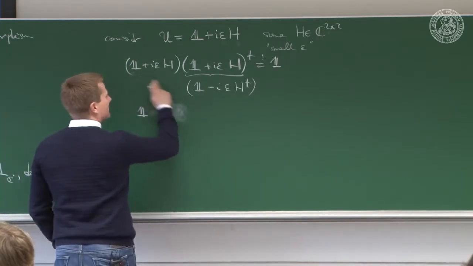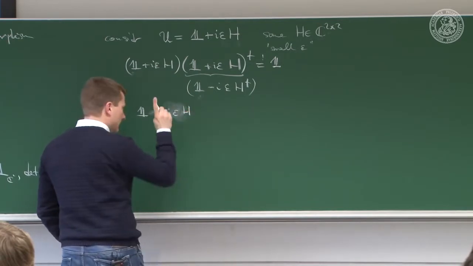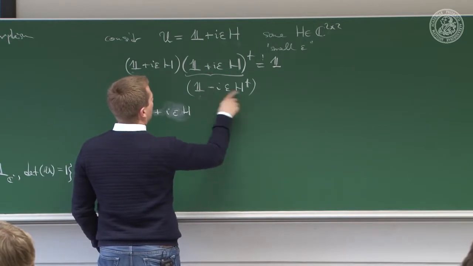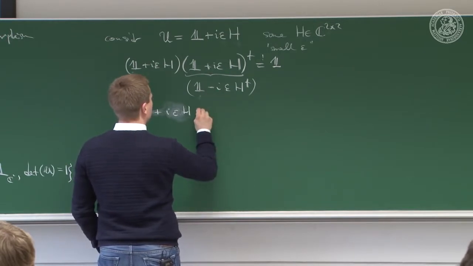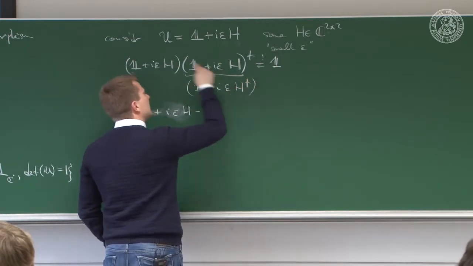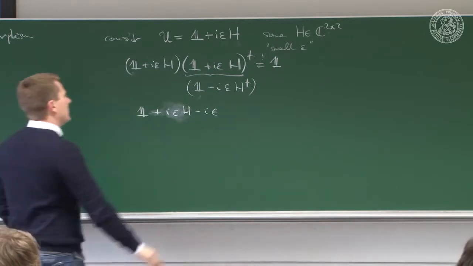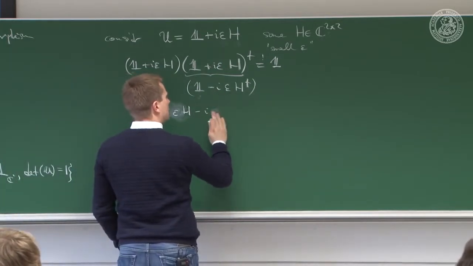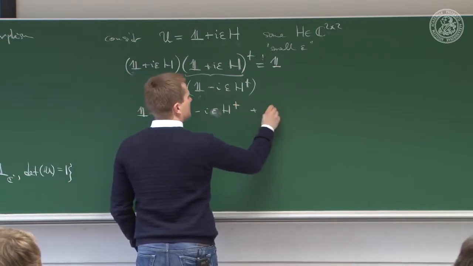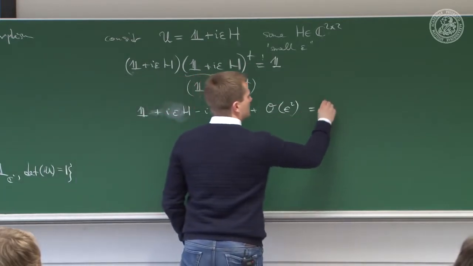Okay, so this is the 1 with the 1. So now comes plus iεh, minus iεh†. It's not the binomial theorem, because there's an h dagger and there's an h. That's why it's not the binomial theorem. So we have 1 plus iεh minus iεh†, and then comes a plus order of epsilon squared term, equals 1.